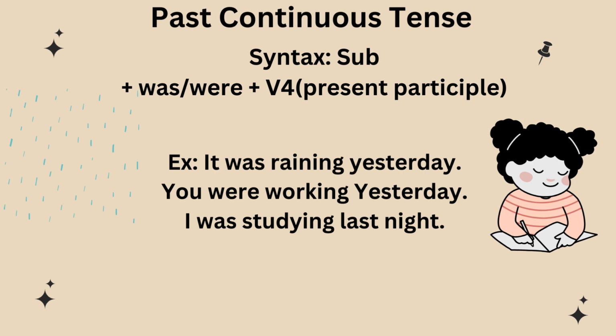But we are telling somebody, it was raining yesterday, it was smoking at my house, like this. We are telling the actions that happened in our past, just earlier than the time of speaking, right? This is all about the past continuous tense.